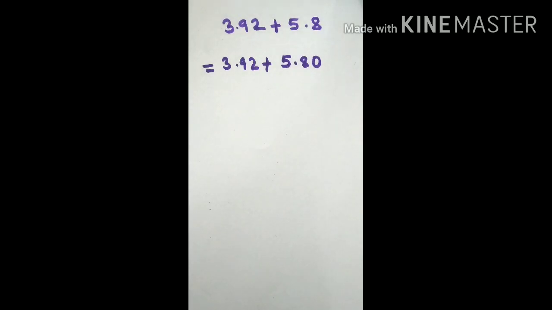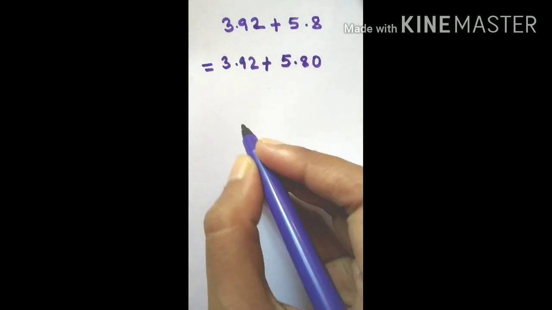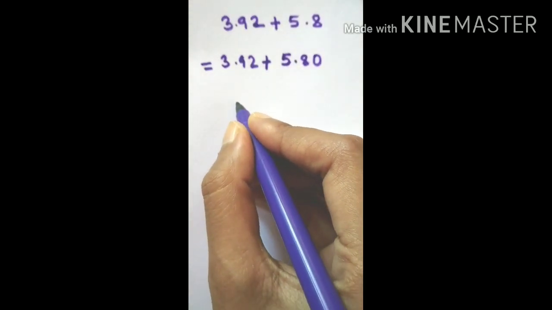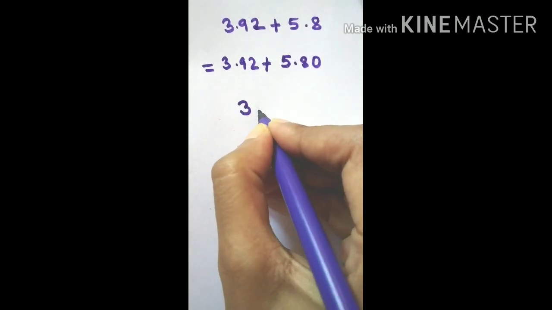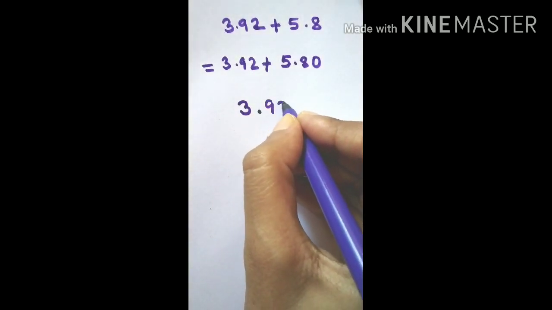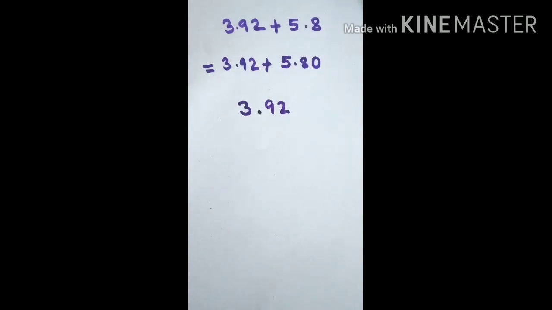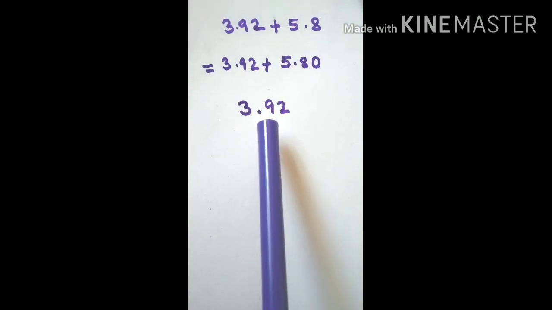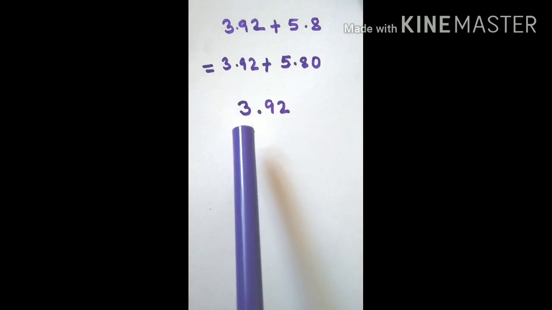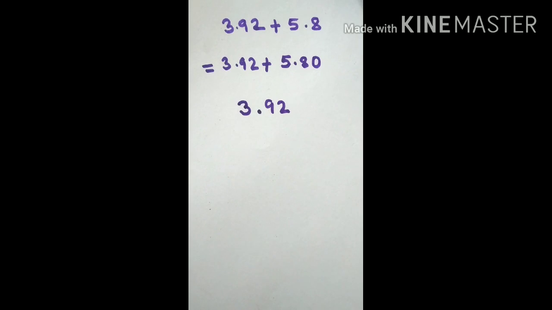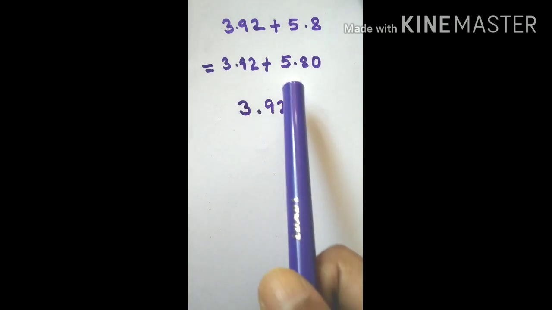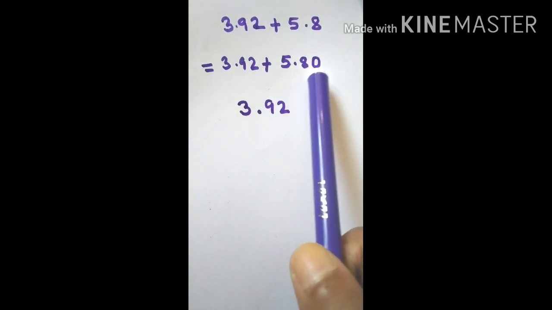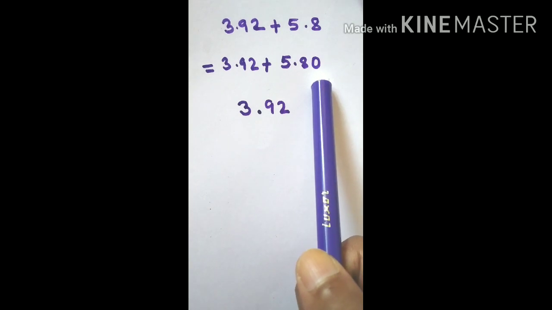Now, to add the decimals, we will first write 3.92. Here, 2 is in the hundredths place, 9 is in the tenths place, and 3 is in the ones place. Now, if we look at this decimal 5.80, 0 is in the hundredths place.